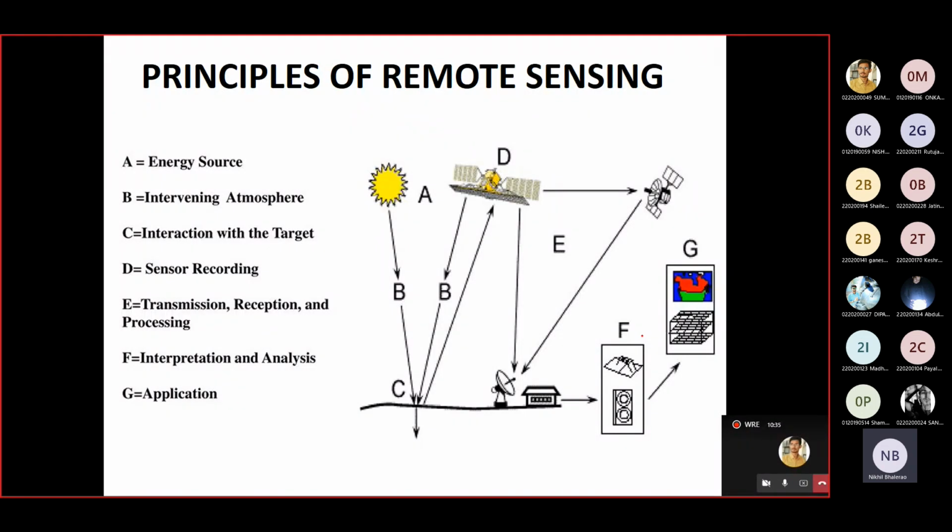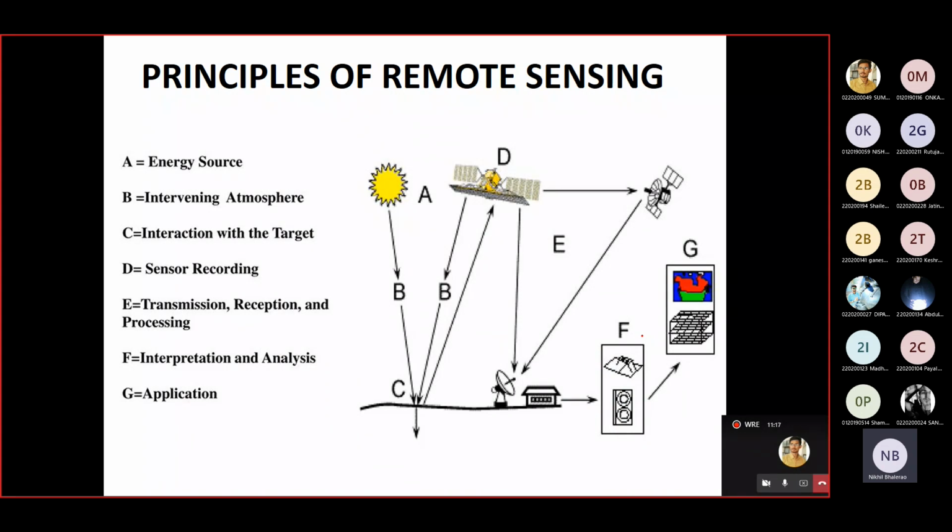This energy is captured, or collected, by the sensors connected to the satellites placed in space. When these sensors collect the electromagnetic waves back, they provide that information to the receiver on the earth surface. This is considered a process of transmitting the waves to the receiving sensors. So transmission and reception are carried out.